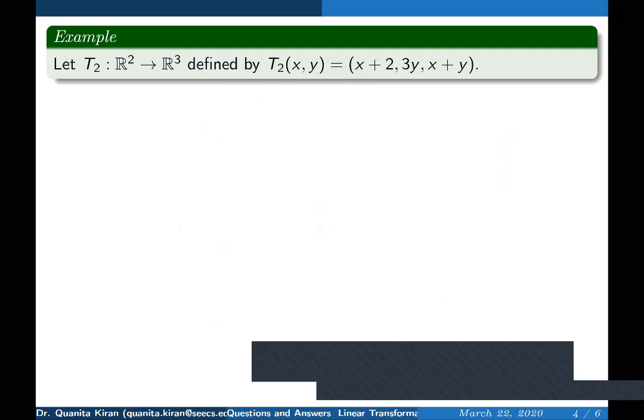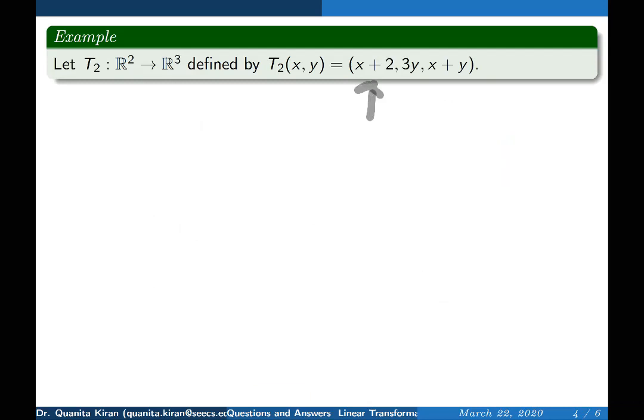If you see here, the constant is added in a coordinate.